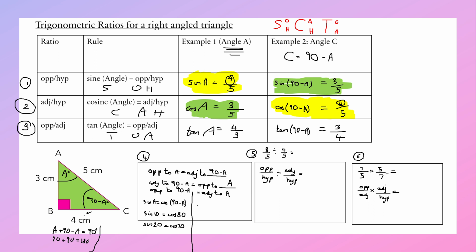So as we can see, again, this is opposite to 90 minus A, and this is adjacent to A. Opposite to 90 minus A and adjacent to A, so I'm just going to highlight the rule that we did together just to show you visually. So opposite to 90 minus A, adjacent to A. Let me just colour in the other one whilst we're here. Opposite to A equals adjacent to 90 minus A. So I'm just going to colour that in.